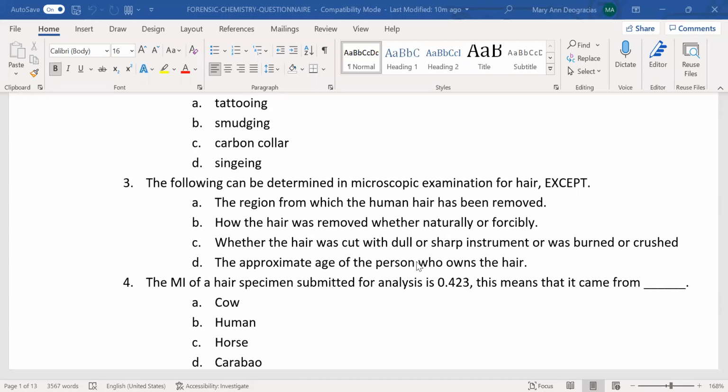Number 4, the MI or medullary index of a hair specimen submitted for analysis is 0.423.